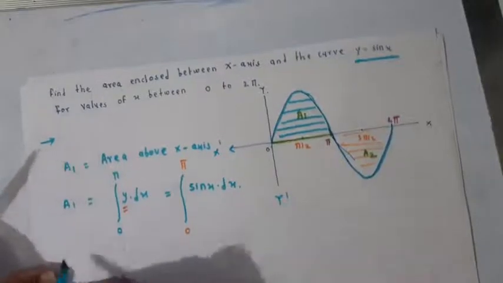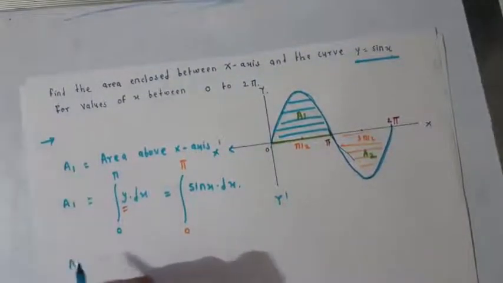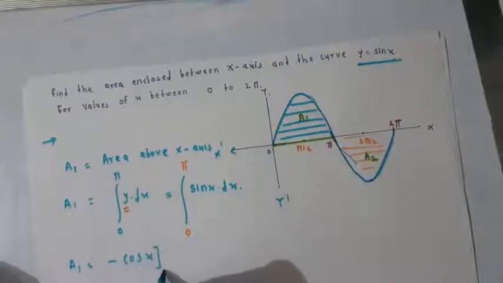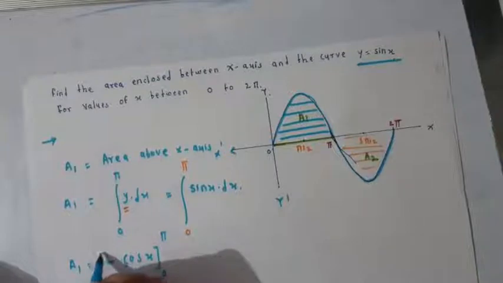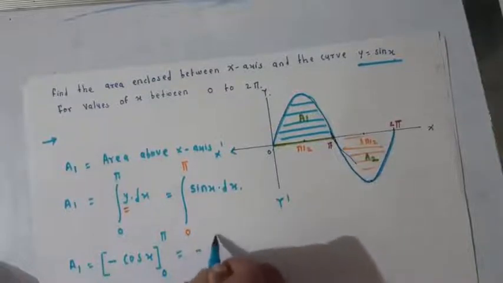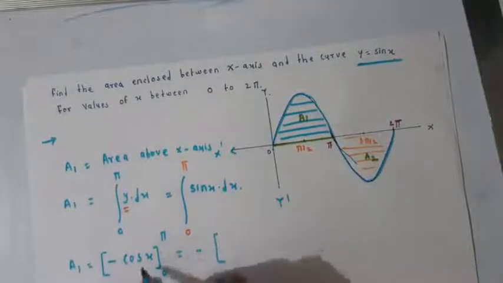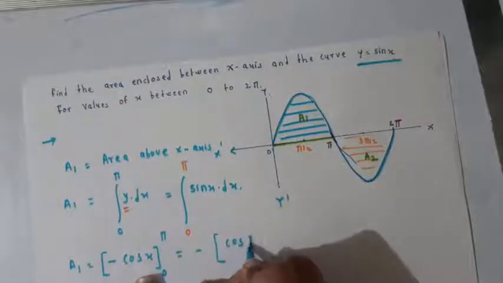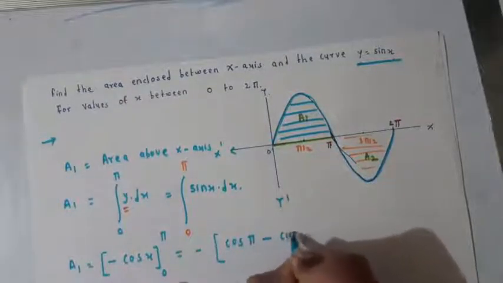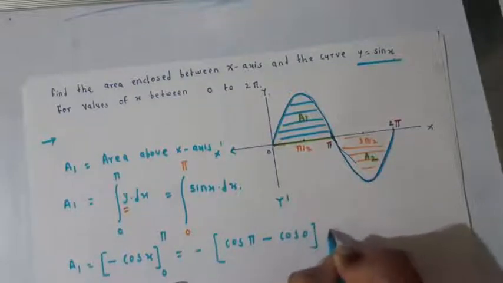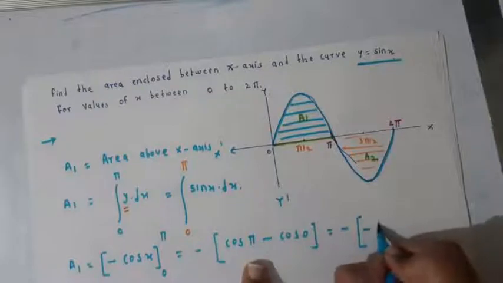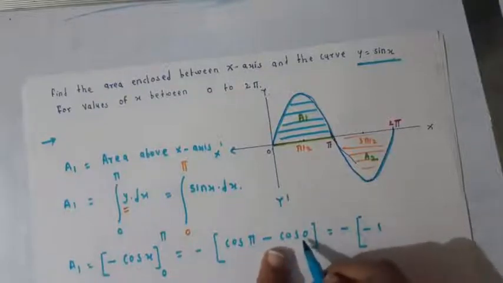We know that the integration of sin x is minus cos x, limits of integration 0 to pi. So this negative sign outside the bracket, put the upper limit, lower limit. Upper limit is pi, lower limit is 0. That is cos pi minus cos 0. Cos pi is minus 1, cos 0 is 1.